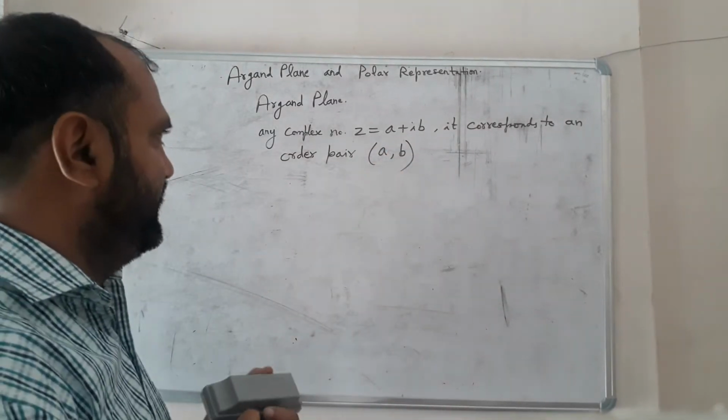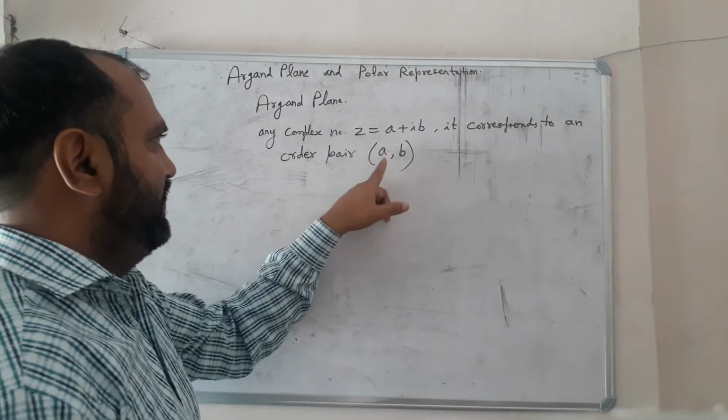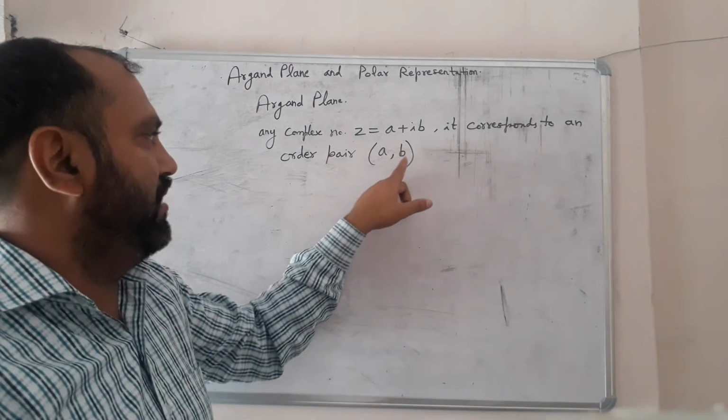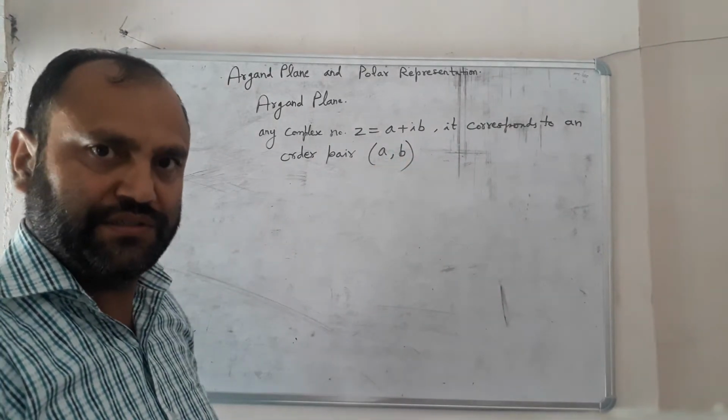As we have, a is abscissa and b is ordinate.